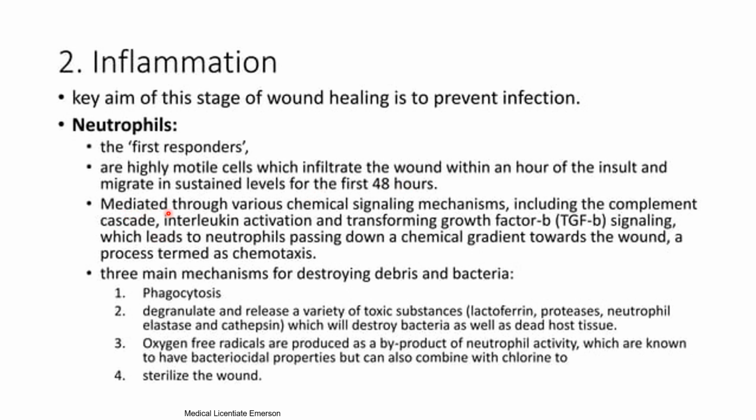This is mediated through various chemical signaling mechanisms, including the complement cascade, interleukin activation, and transforming growth factor TGF beta signaling, which leads to neutrophils passing down a chemical gradient towards the wound. The process is termed chemotaxis.